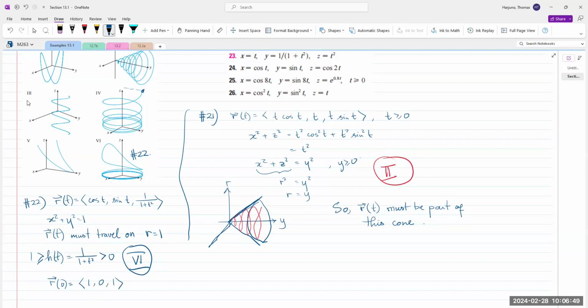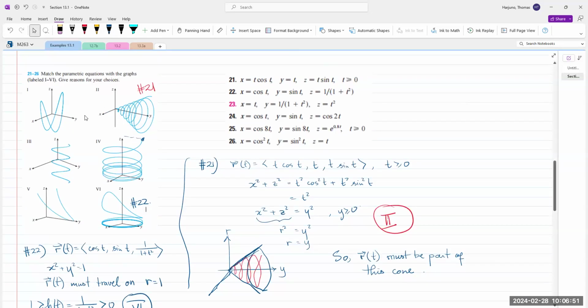Now how about number 23? Number 23, we have r(t) equals t, 1 over 1 plus t squared, and t squared. I want to see this from the left wall because x squared equals z.